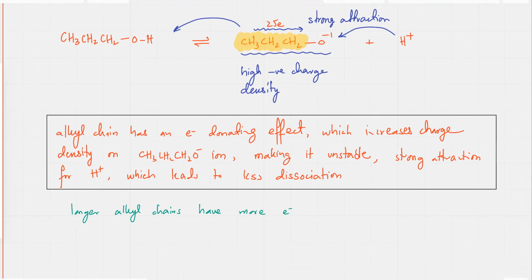So the same logic applies. If you have longer alkyl chains, it's going to be an even weaker dissociation or ionization. So that's the reason for this.